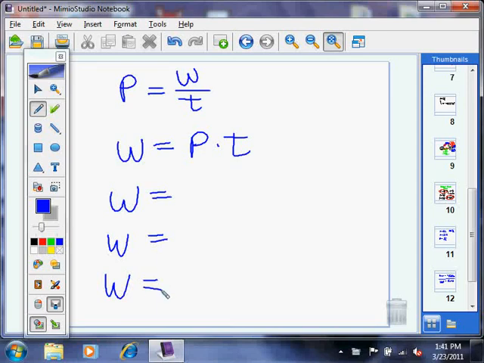If you're that kind of person. Can anyone give me another version of the work formula? Dorothy! VIT. Another version of the work formula.